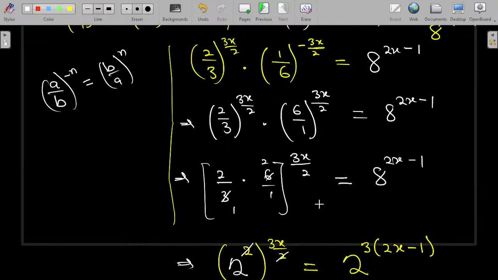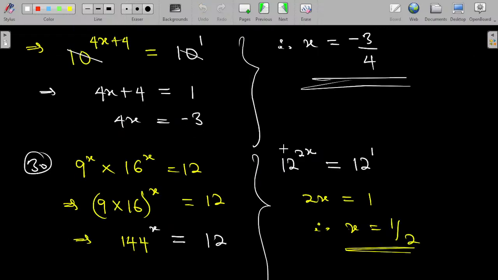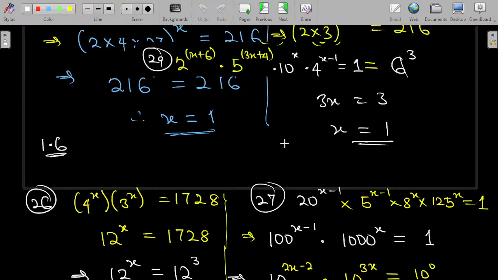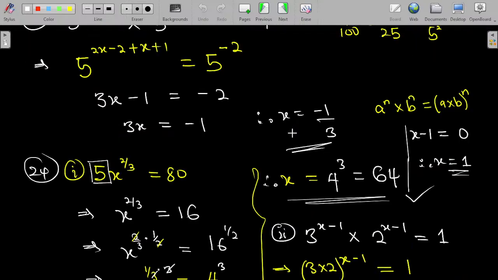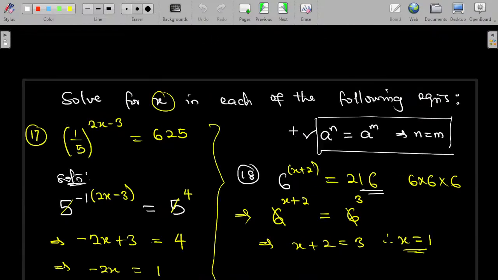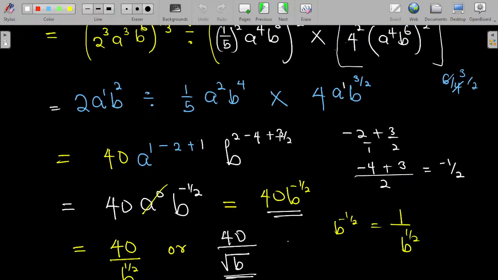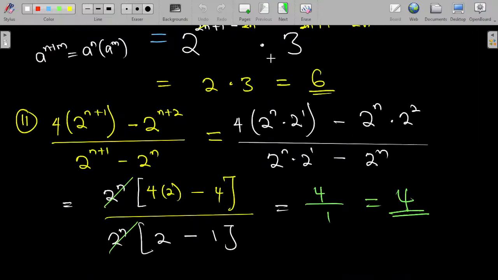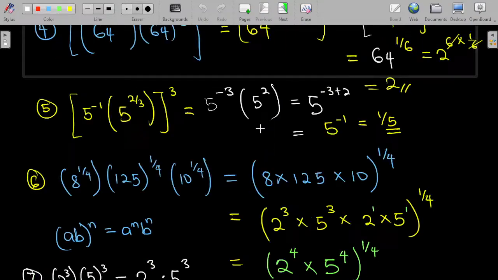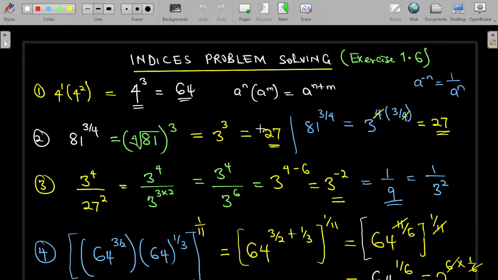All right, so this is what we have for this particular class. This is 30 down to 25, and then here is 24 up to 17, and then on the other page we did 16 down to 12, and on the other page we did 11 down to 1, and that is what we have, exercise 1.6.